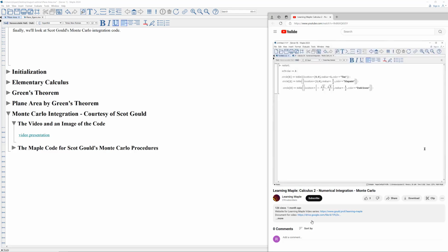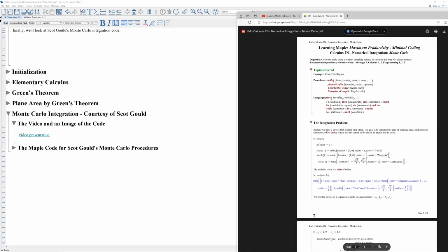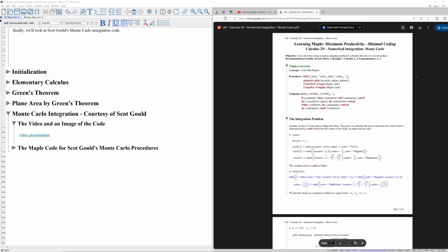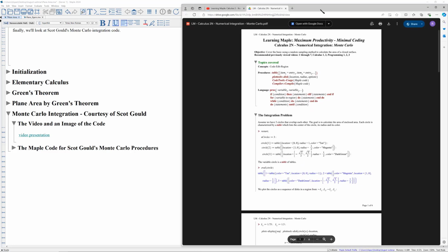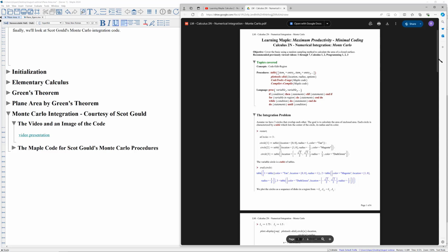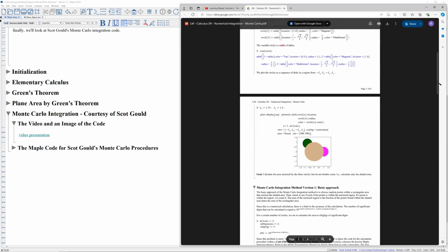But I want to show you this link down here that gives a presentation of the code that Scott wrote. And this is a cleaned up version of his code.